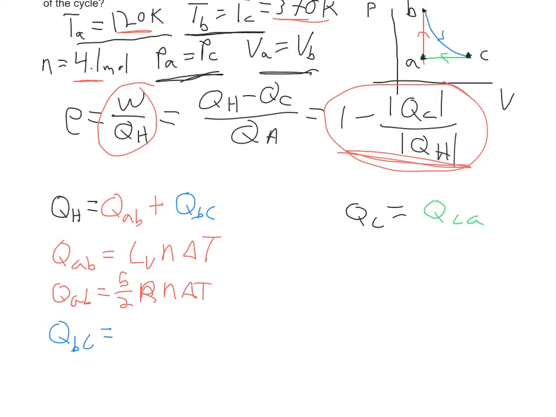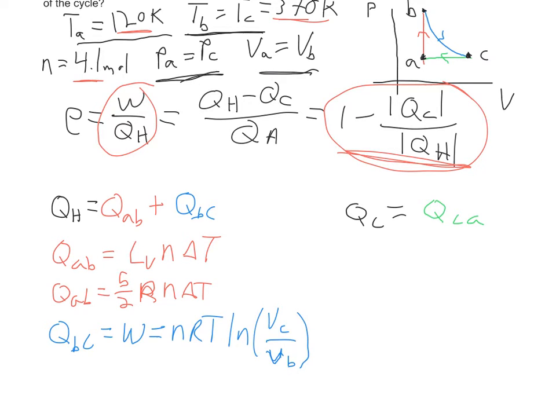So Q is going to be directly related to the work. Since there's no temperature change, all of your heat added will result in work being done. So Q is equal to our work, and our work we know is equal to nRT times the natural log of your final volume, the volume at point C, over your initial volume, the volume at point B.